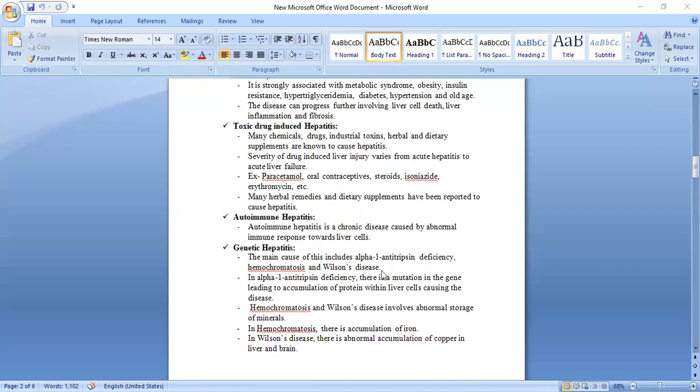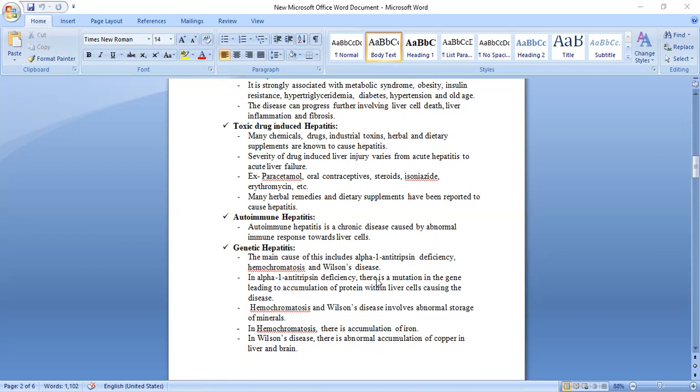Here, in alpha 1 antitrypsin deficiency, it is a deficiency by birth only; the individual does not have some type of enzymes, some type of proteins, they are deficient in these. Due to that deficiency, it causes hepatitis.